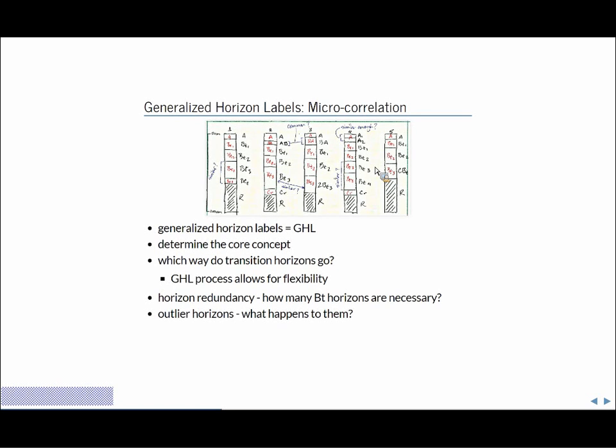What do we want to do with those horizons? We have the possibility to either correlate them in this process and apply a generalized label to them, or we can just let them fall out of the analysis if we think they really don't fit the concept.